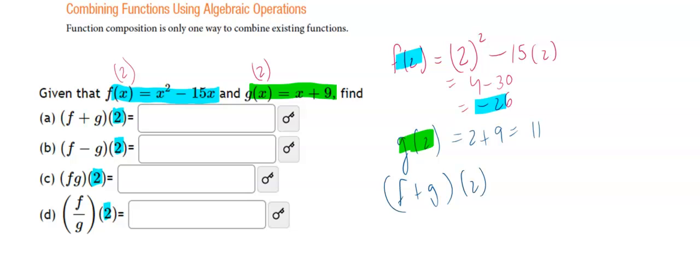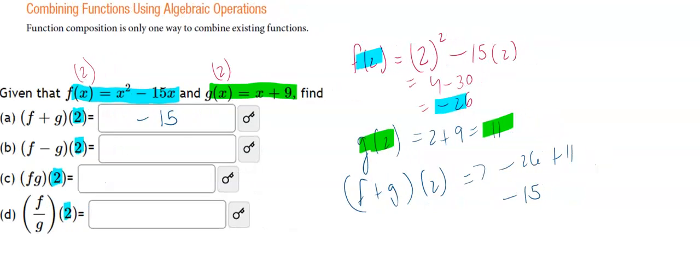You're going to be looking at negative 26 plus 11, which is going to give us negative 15. So that would be your first entry.